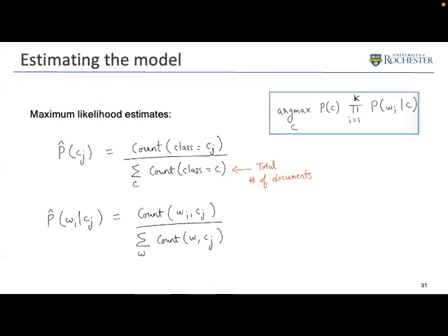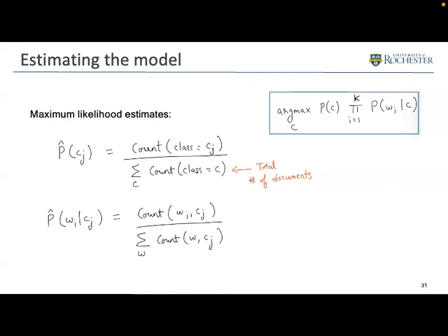That is to say, if we are given the training data, we just count how many documents belong to each class. If we have 100 documents and 40% of the documents are positive, then the prior P(C) is 40% for the class to be positive, and for negative it is 60%.